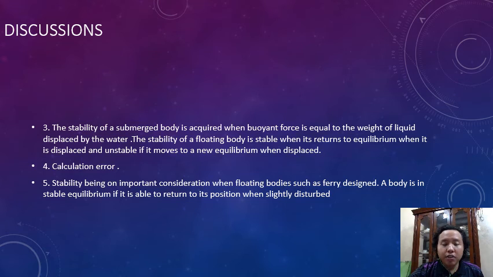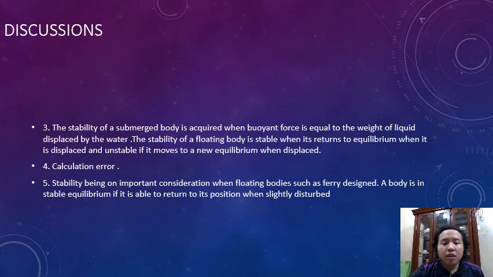Number 4 is based on the question, and the answer is calculation error. When the values are not calculated correctly, or the values are written wrongly on the data table, this could affect the real value of the experiment.